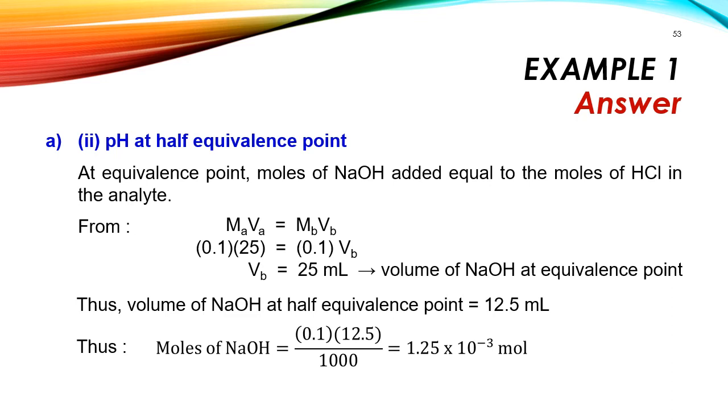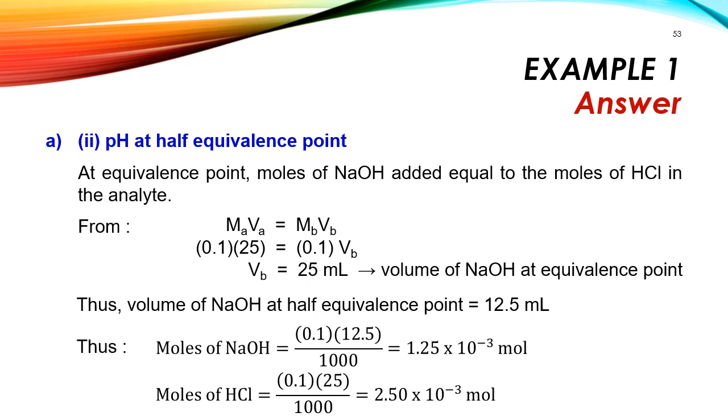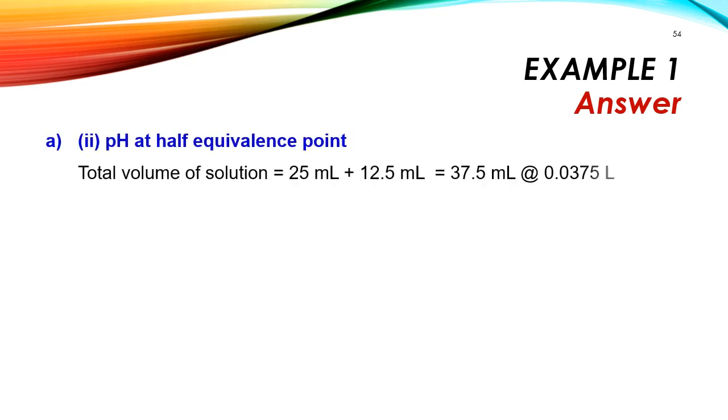Then, we can calculate the number of moles of sodium hydroxide used in the reaction, which is equal to 1.25 exponent negative 3 mole, and the moles of hydrochloric acid used is 2.50 exponent negative 3 moles. The total volume of the solution is equal to 37.5 milliliter.